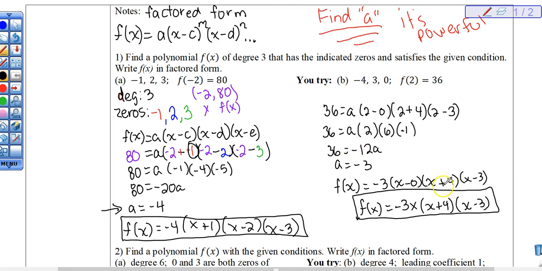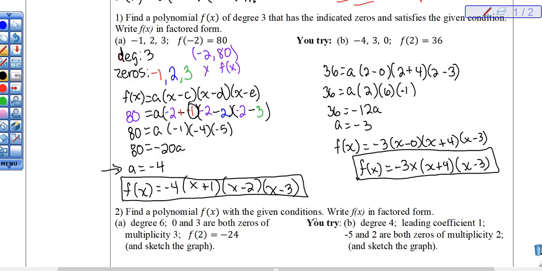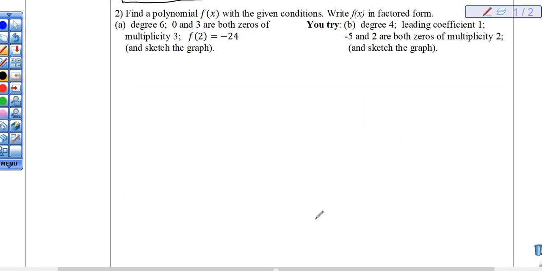I'm going to just point out that one of my zeros was actually 0, so I put it in the front position so that I could write it with the A term. That's the proper place to put that 0. Okay, and so you get -3x times x plus 4 times x minus 3. Any questions? All right, then we are moving on to example 2.